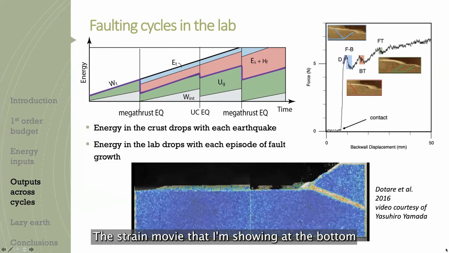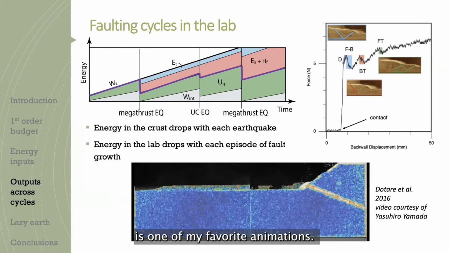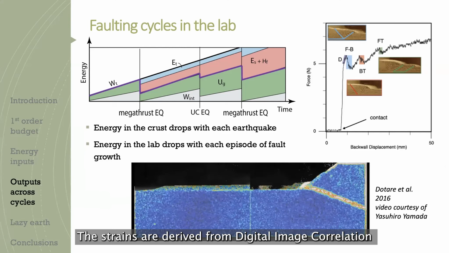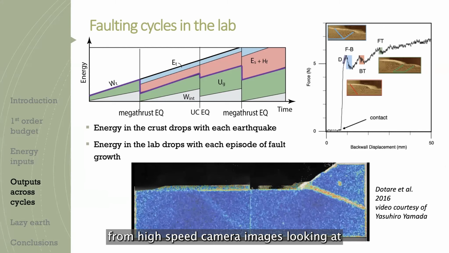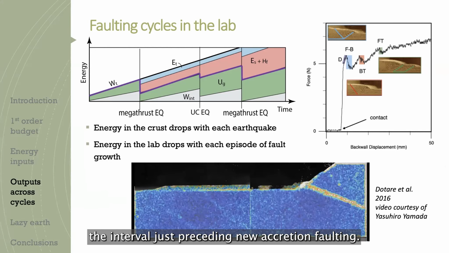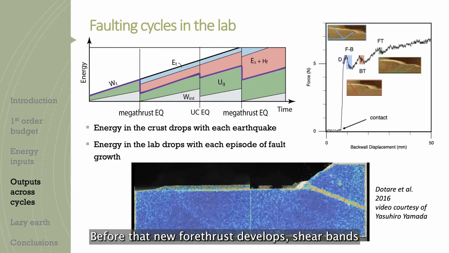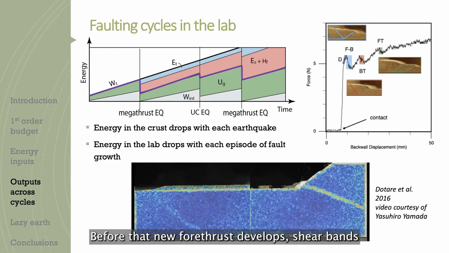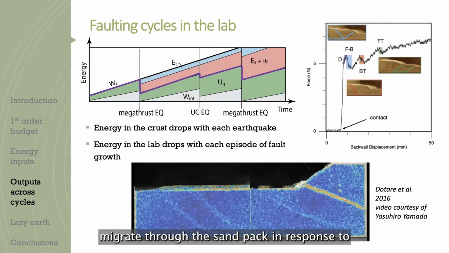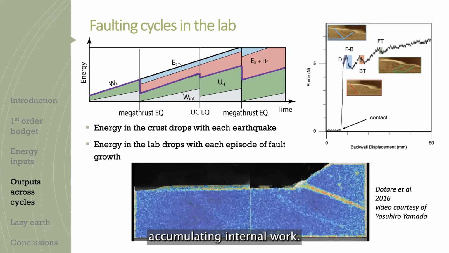The strain movie that I'm showing at the bottom is one of my favorite animations. The strains are derived from digital image correlation from high-speed camera images looking at the interval just preceding new accretionary fault growth. Before that new forethrust develops, the shear bands migrate through the sandpack in response to accumulating internal work.